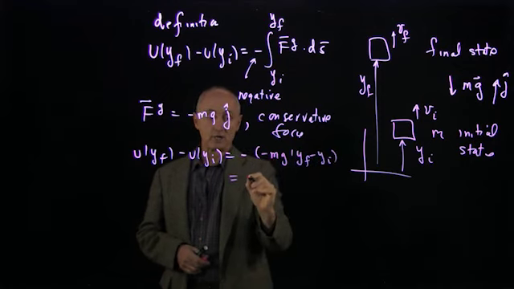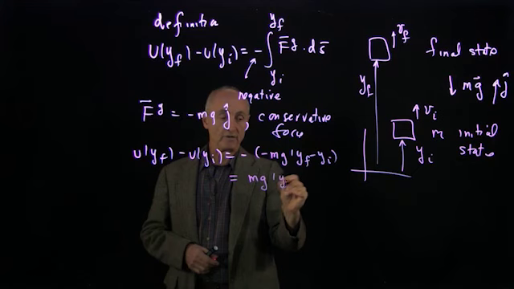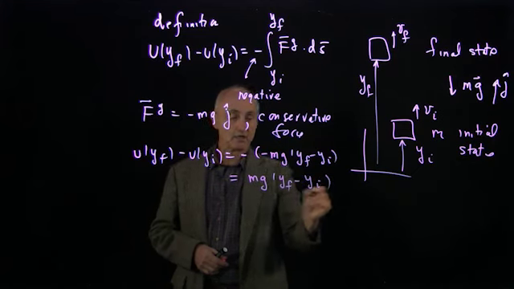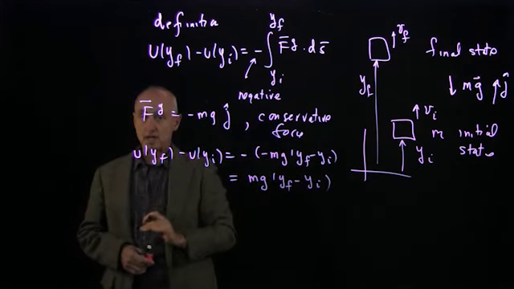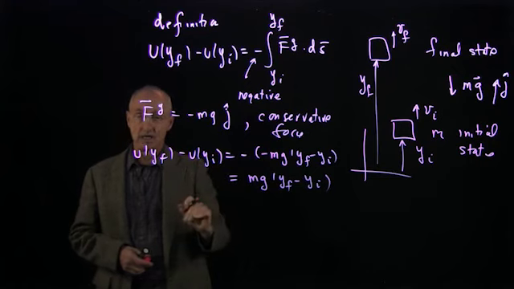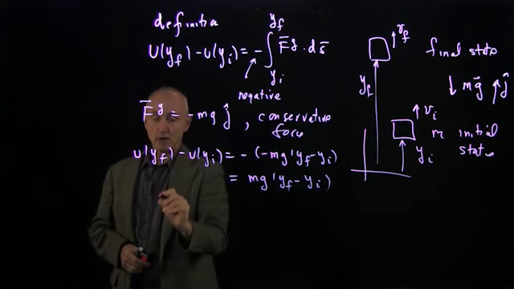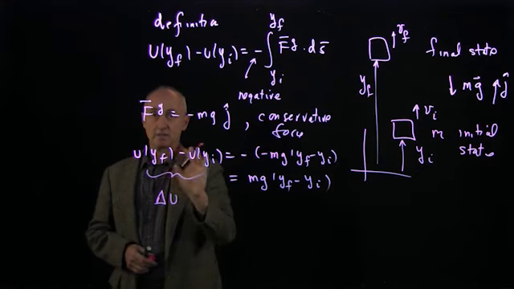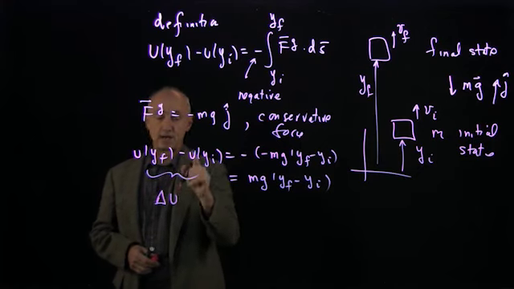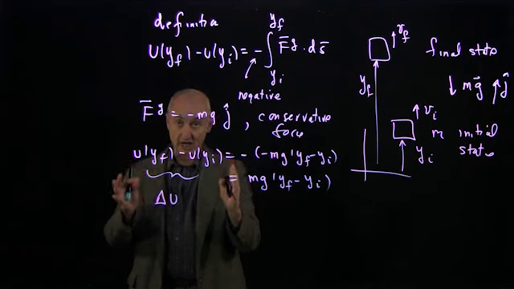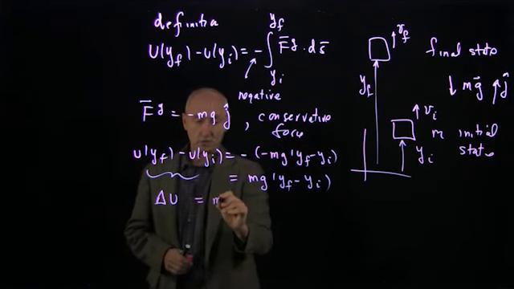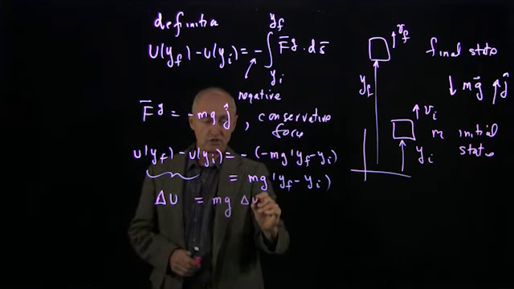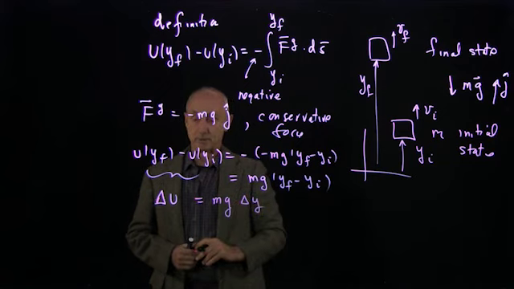Notice the 2 minus signs, so we get mg (y final minus y initial). Now, many times people talk about changes in potential energy. When I write delta U, I mean precisely the potential energy at the final state minus the potential energy at the initial state, the change in potential energy, and that's equal to mg times the change in the displacement.